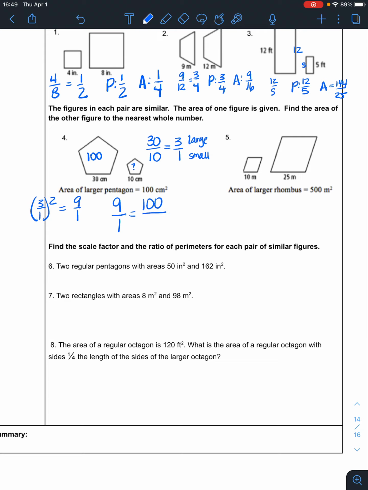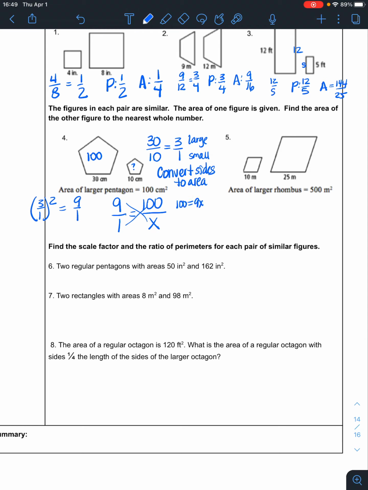I gave you the area of the large one, so we're going to put that on top, and the area of my small one is going to go on the bottom. It doesn't matter, large over small or small over large, just be consistent once you decide. But you have to compare the area ratio to the areas, so you have to convert your side ratios to your area ratios.